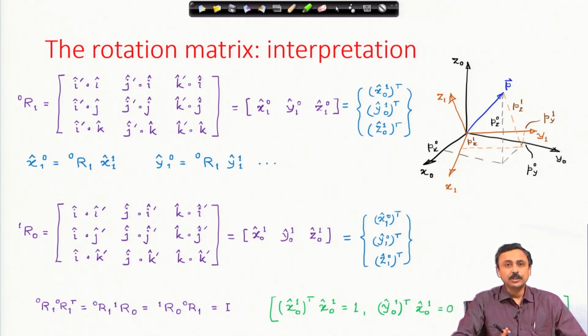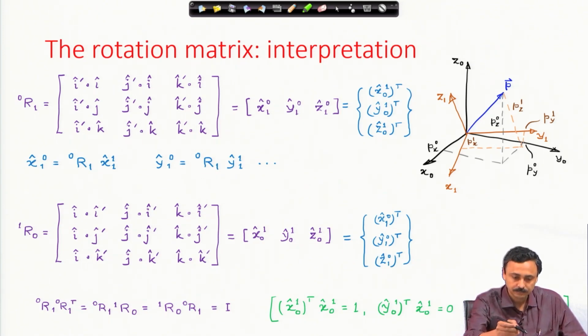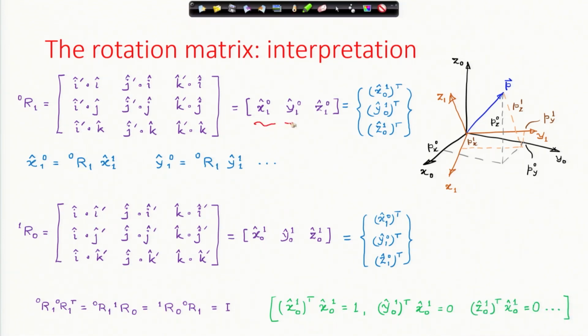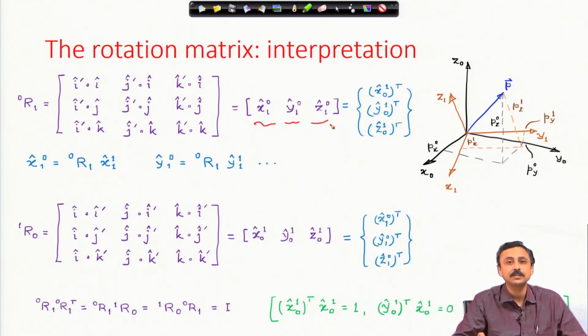The cross product of the first and the second columns must give us the third column, the cross product of the second and third must give us the first column, and the cross of the third and first must give us the second column, because all these unit vectors satisfy this right handed rule.